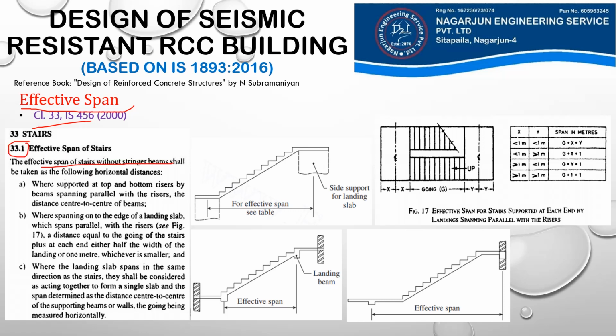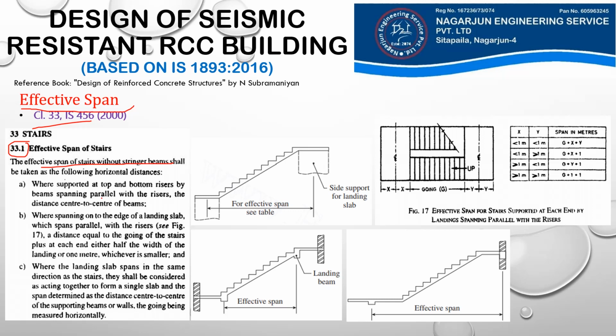The effective span of stairs without stringer beams shall be taken as the following horizontal distance. First, where supported at top and bottom risers by beams spanning parallel with the risers, the distance center to center of beams.